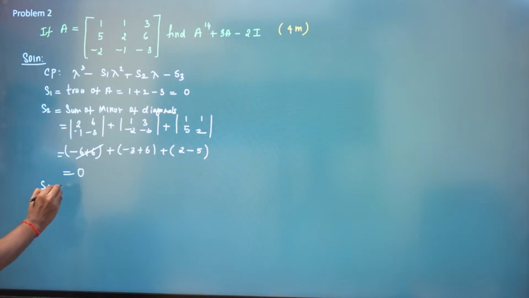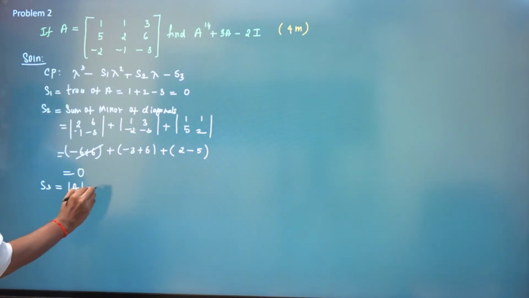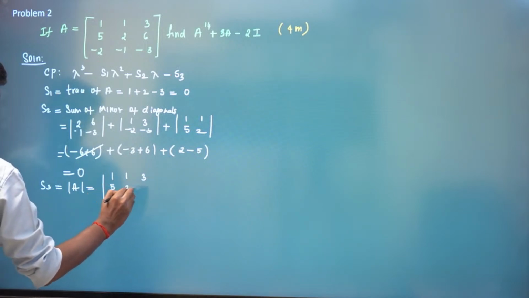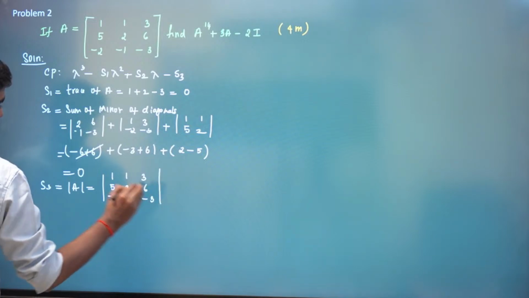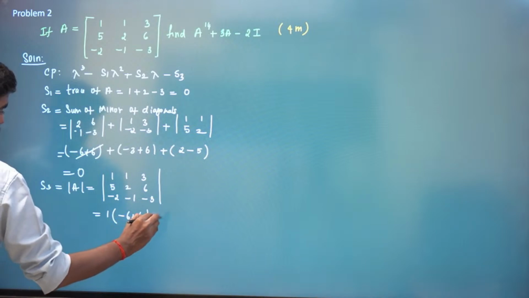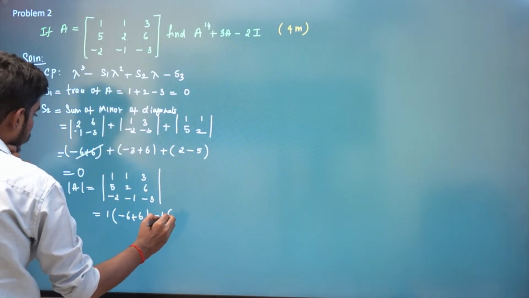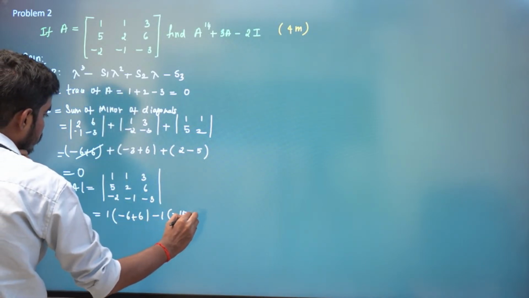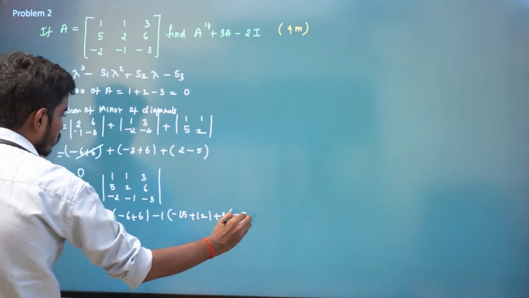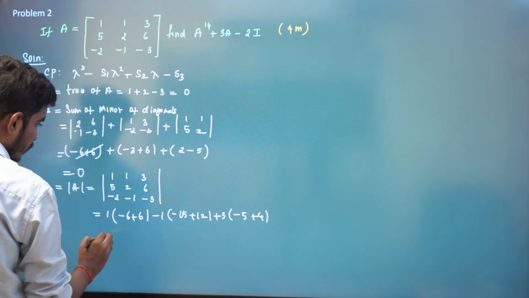And S3 is the determinant of A. So determinant of 1, 1, 3, 5, 2, 6, minus 2, minus 1 and minus 3. This is 1 times minus 6 plus 6, minus 1 times minus 15 plus 12, plus 3 times minus 5 plus 4.